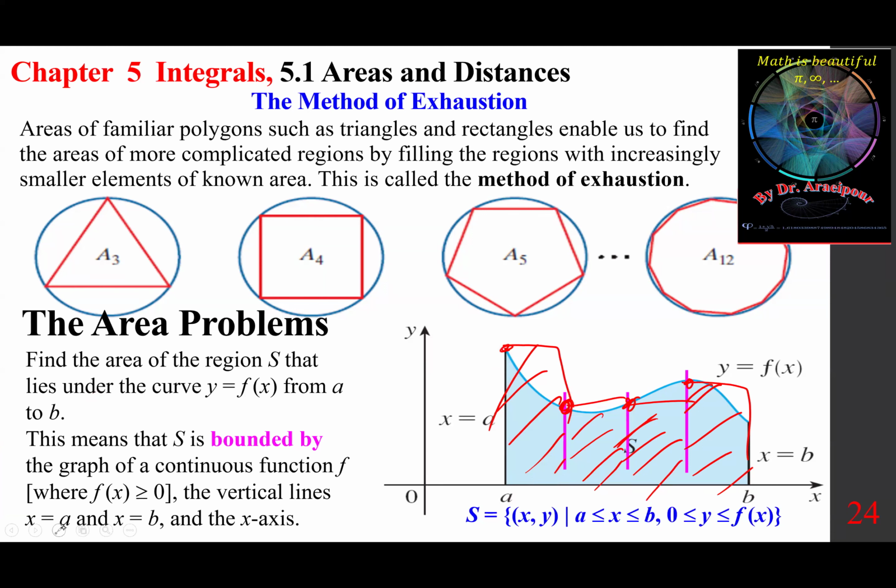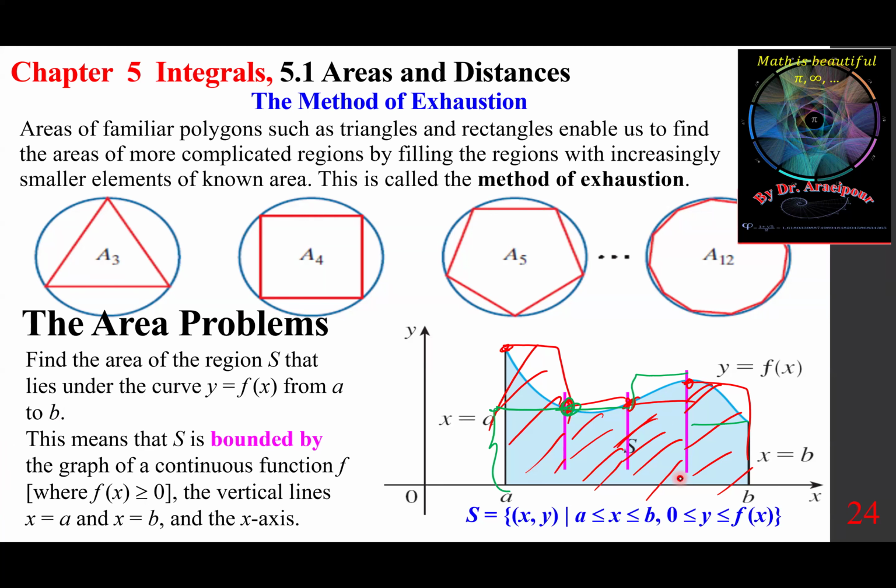If I use the right end points, this would be the height for the first one, the second one, the third one, the fourth one, or I can use any other point in between. Normally they use the midpoint, makes no difference. It's an approximation. So what are we saying here? We are saying it gives you an approximation.